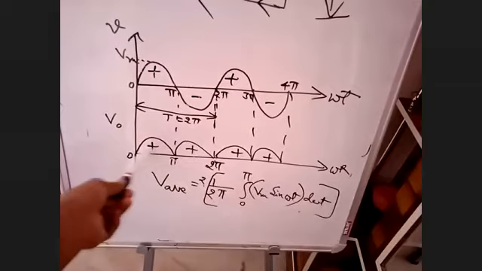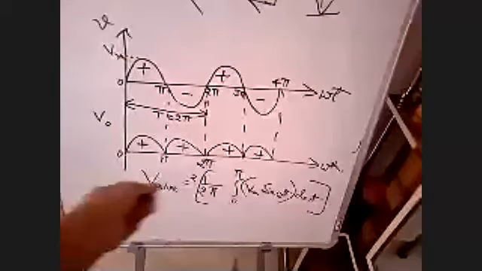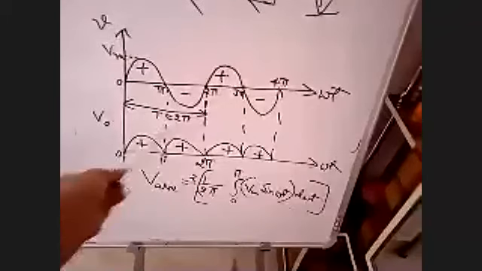This is one cycle, this will be the second cycle. Since 2 cycles are there, multiply by 2. Limits you take from 0 to pi. This is one cycle, 0 to pi. I'm multiplying by 2 because 2 symmetric cycles are there in one time period. In a period of 2 pi, we are getting 2 symmetric cycles. That's why I'm multiplying by 2.